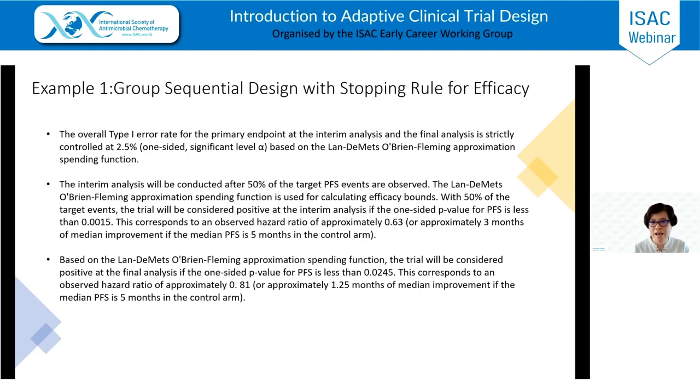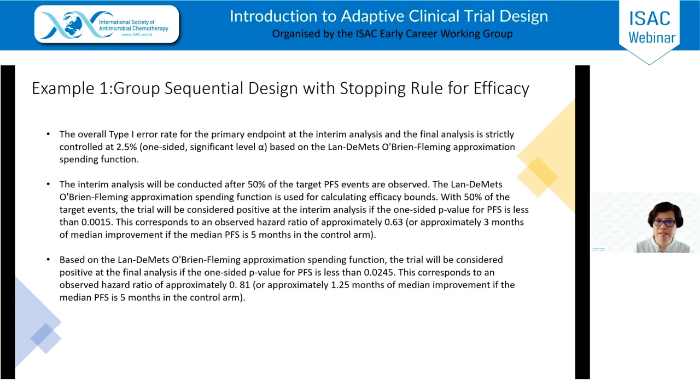If you do it 3 times, the whole type 1 error for your trial is actually bigger than 0.05. So you have to control the whole trial with alpha equal to 0.05. Now what they did, they have a one-sided test, so they control this alpha at 0.025, 2.5%.